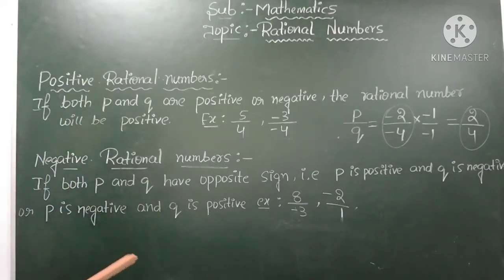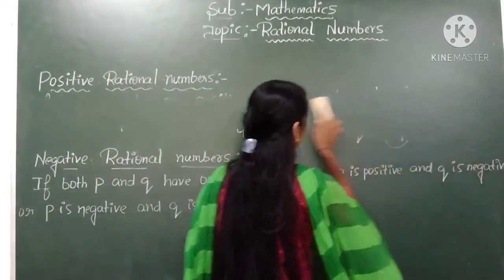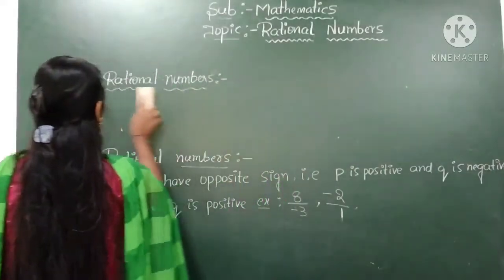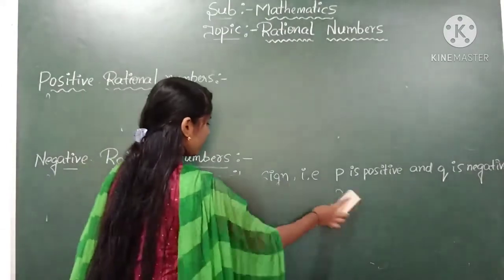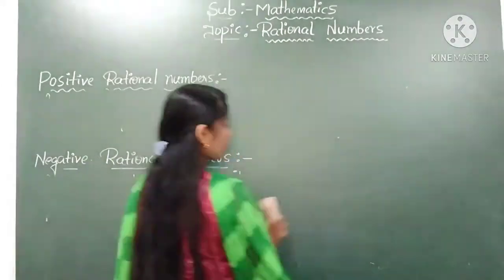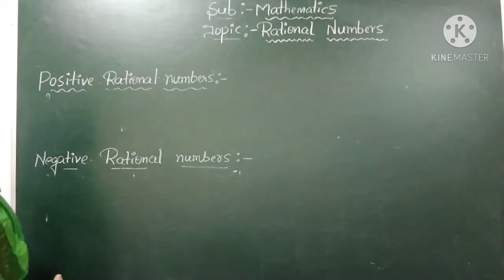I will give you some examples for positive rational numbers and negative rational numbers. Yes, go with this definition. This helps us separate positive rational numbers and negative rational numbers.